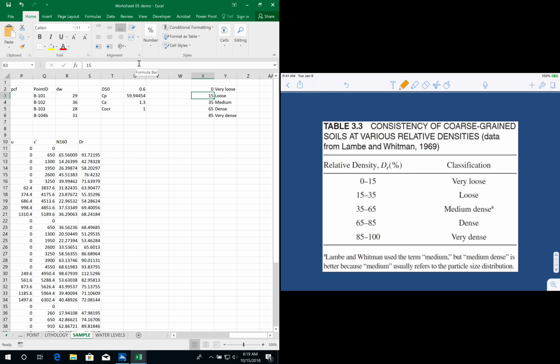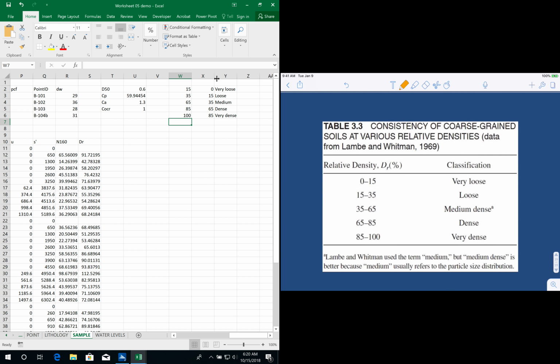So 0 to 15 is very loose, 15 to 35 is loose, 35 to 65 is medium, 65 to 85 is dense, and greater than that is very dense.